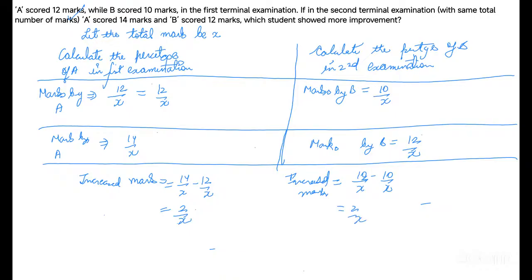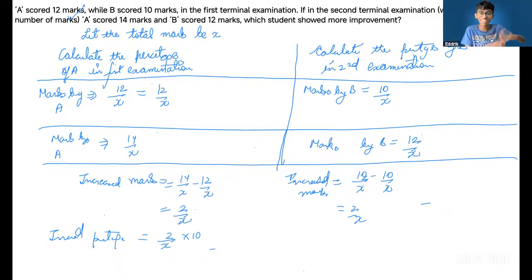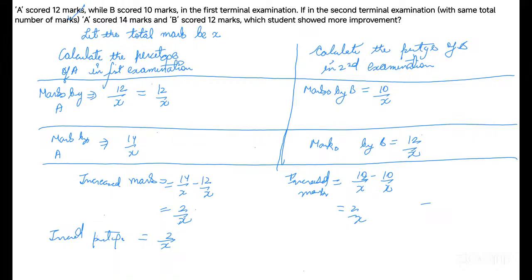So now the increase percentage will become 2 by X upon X into 100.